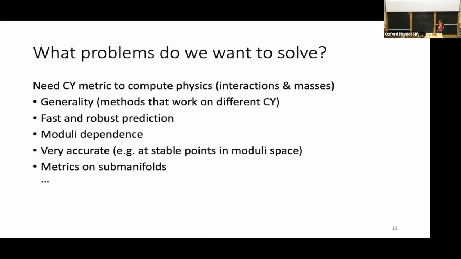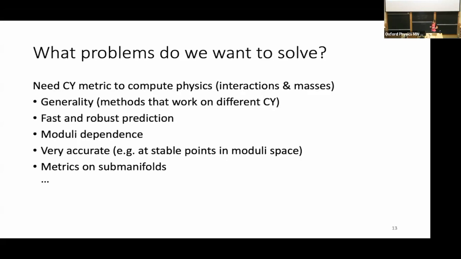We are very, very interested in moduli dependence because there are lots of questions in string theory compactifications that have to do with the moduli of the Calabi-Yau. So these are the parameters that determine the size and shape of the Calabi-Yau. And just computing the metric at one point in moduli space will be okay for some things, but it's not the grand idea that we have.